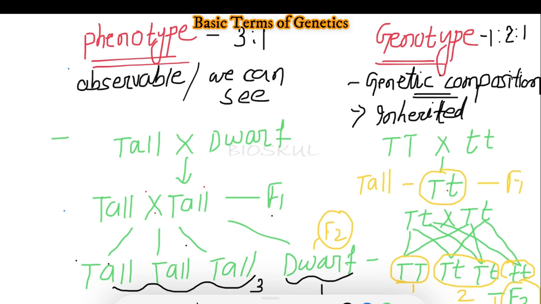So this is the difference between phenotype and genotype. Phenotype means the character that we can see, and the genetic composition present behind that phenotypic character is known as genotype. Hope I was able to clear the concept of phenotype and genotype.